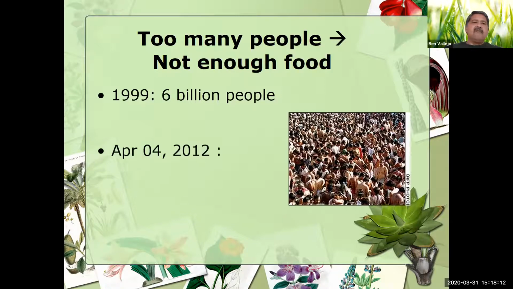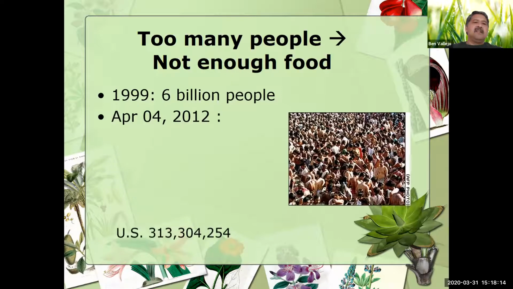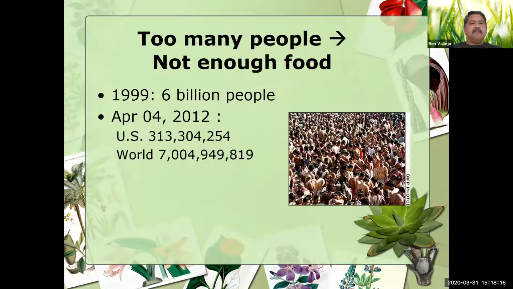We now have more than 7 billion people on Earth. In the United States in 2012, we had 313 million. In the world, we had 7 billion people.